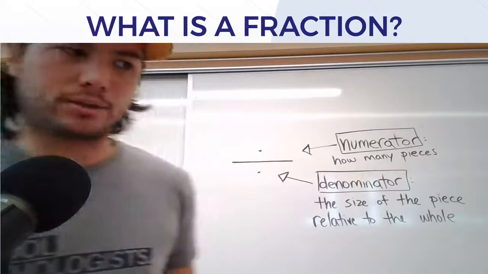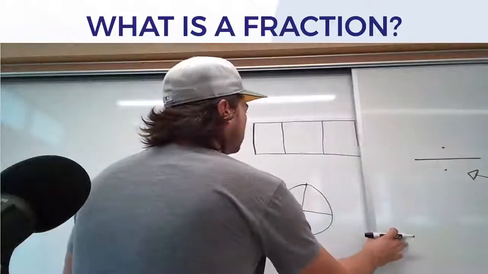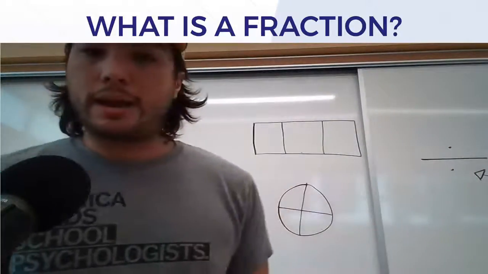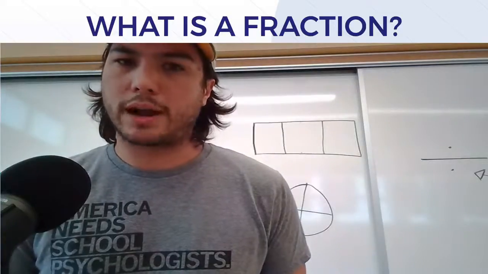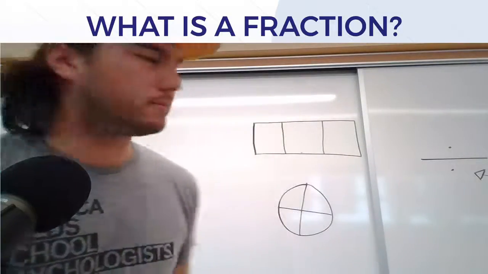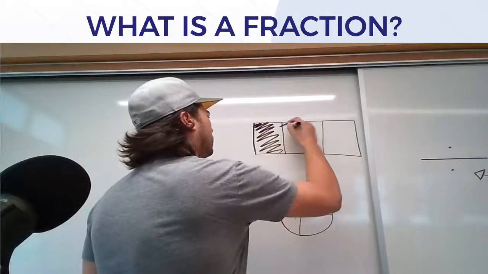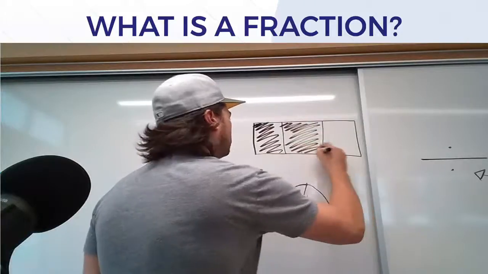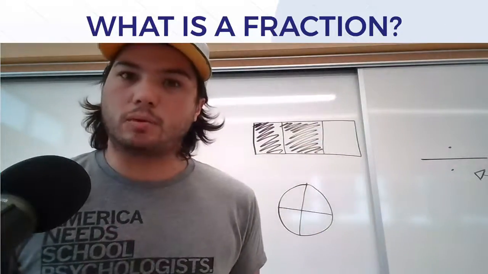So if we go back to our fraction bar and our fraction round, and I were to shade in some of our fraction, not some of our whole number. Because that's the bit we want to talk about.